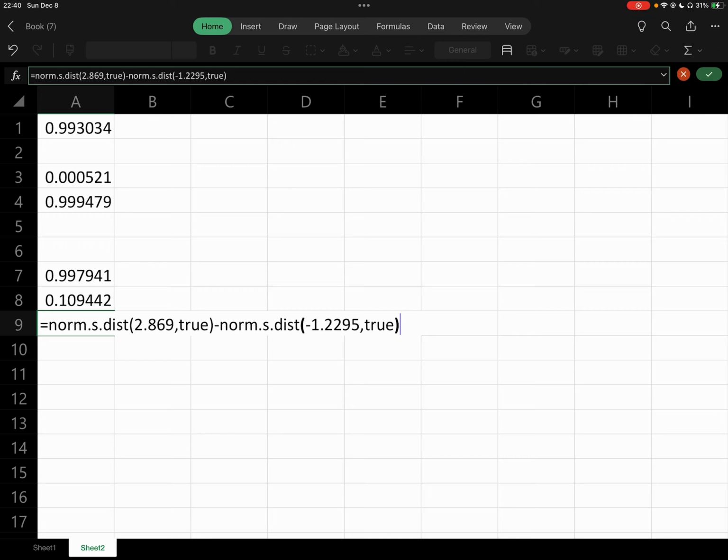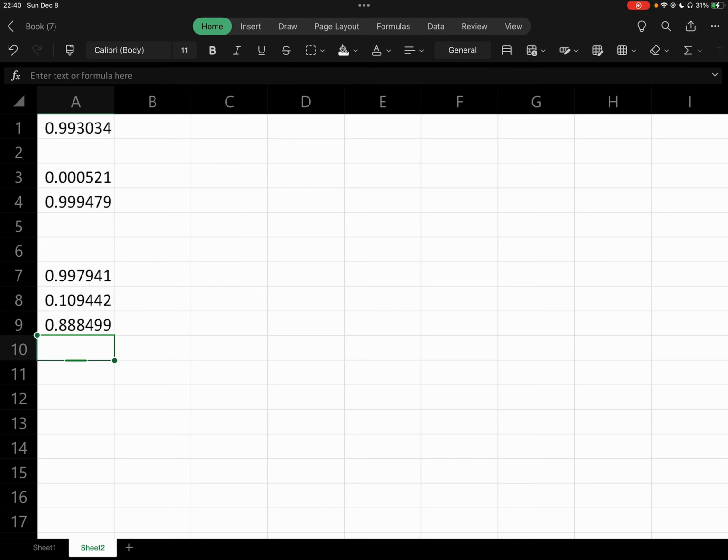And then I hit enter. And I get 0.888499, which rounds to 0.8885. So it is the exact same answer. There's no issues with rounding. You can do this either way. You can do them separately and then subtract, or you can do it all at once and just get a single line answer, whichever one you're more comfortable with.